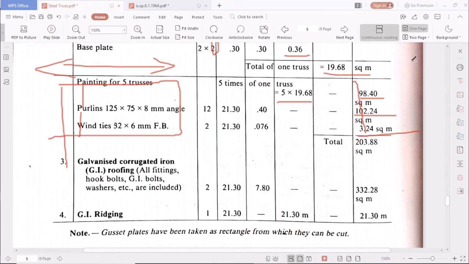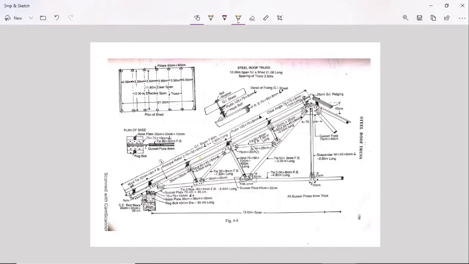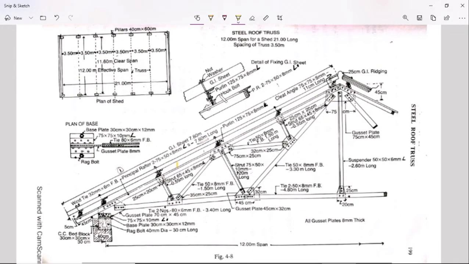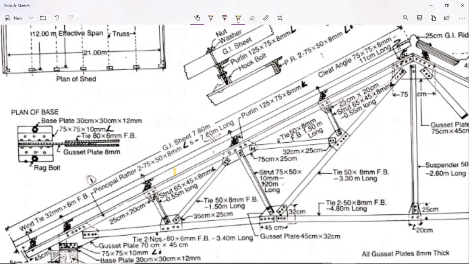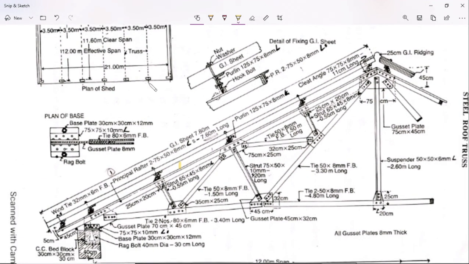You can see the GI sheet here, and this GI sheet is 7.80 meter in length. The 15 centimeter bearing is accounted for, so the effective span will be 21.30, and the effective breadth will be 7.80 as given here.